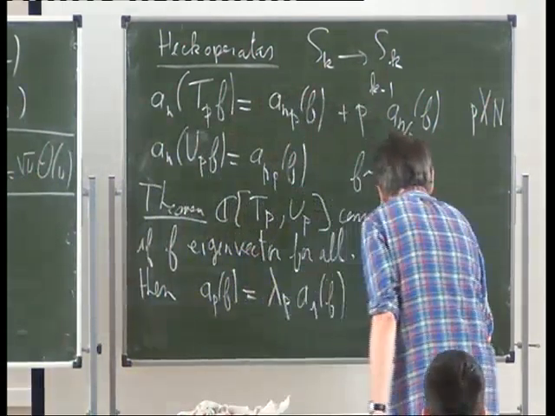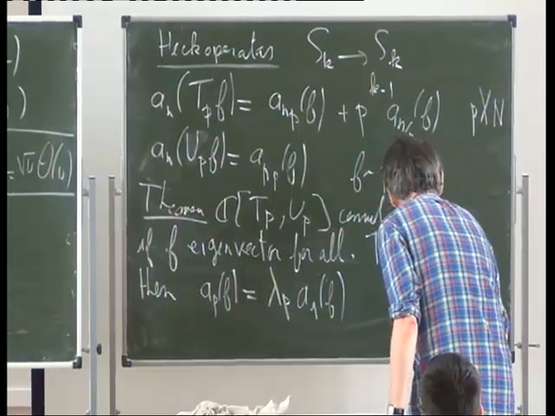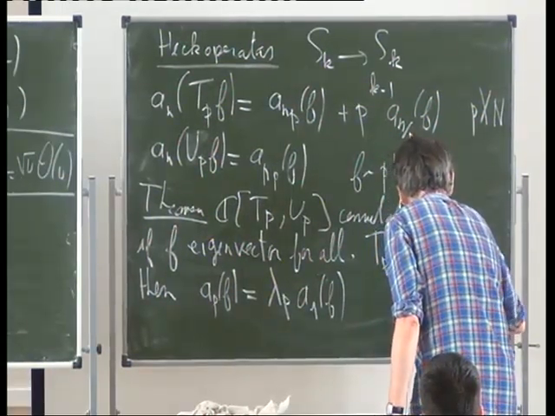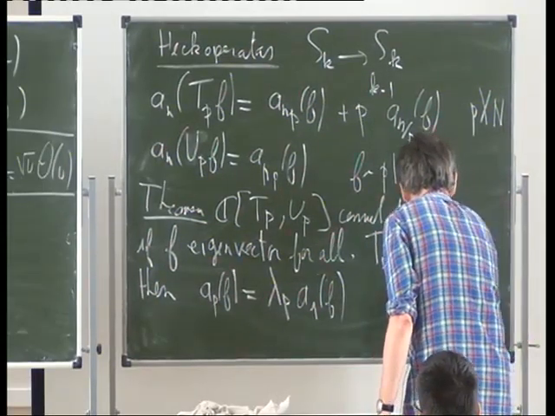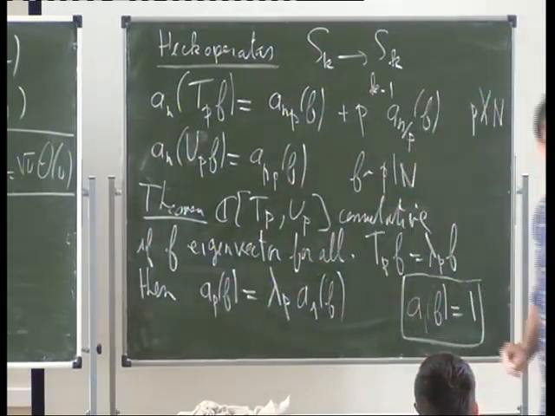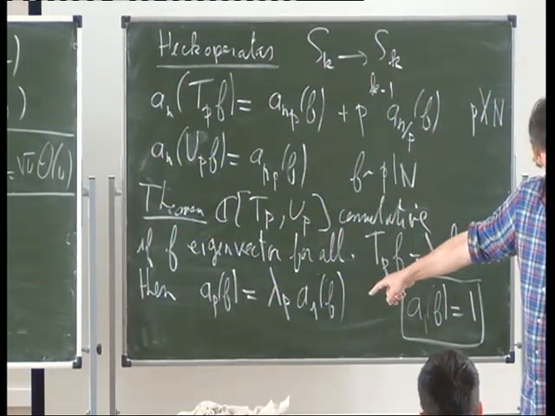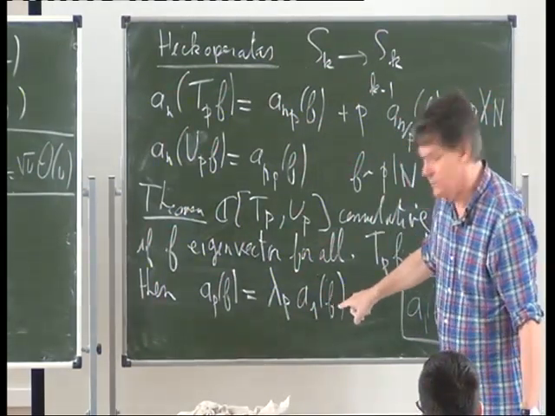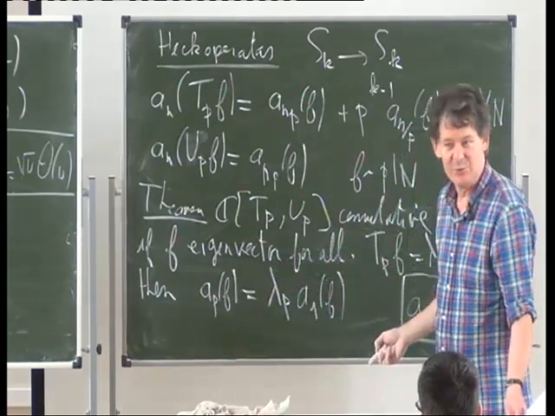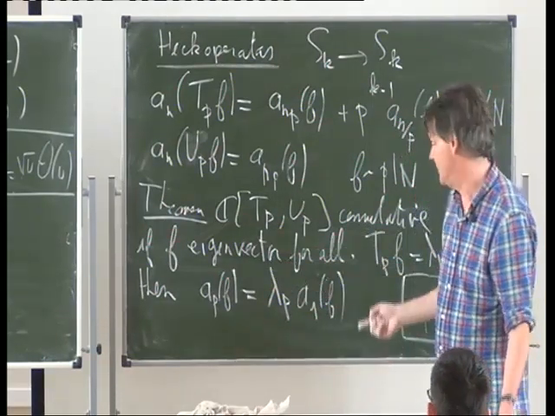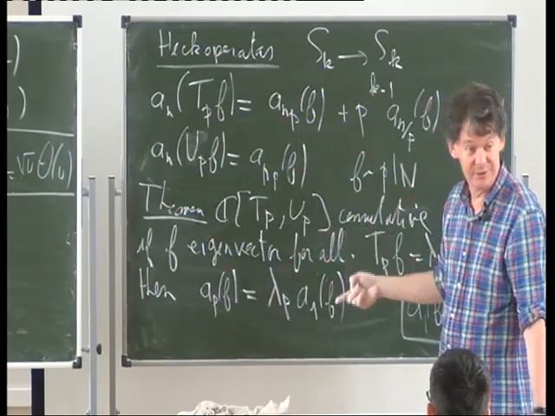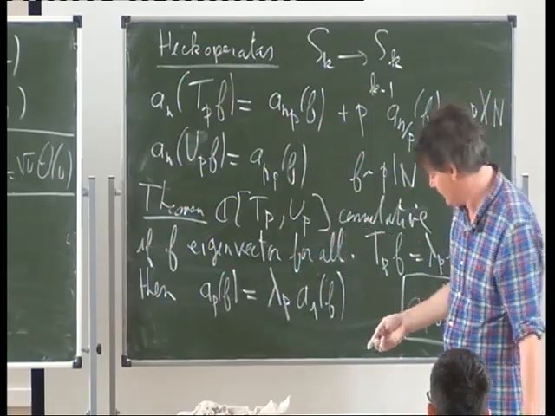So, of course, it's natural to assume that a_1 is equal to 1. You can always do that by dividing by a_1 of f, and a_1 of f is not 0 because otherwise everything would be 0; an eigenvector, by definition, is something non-zero.